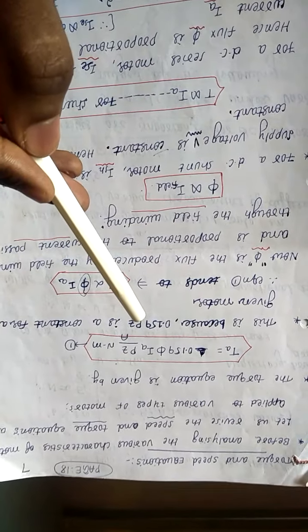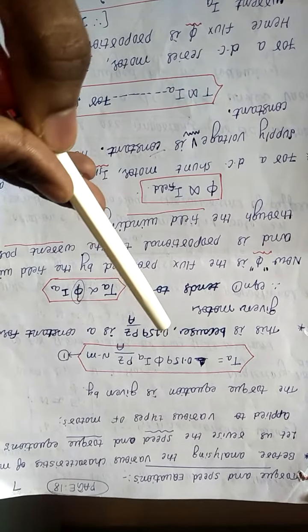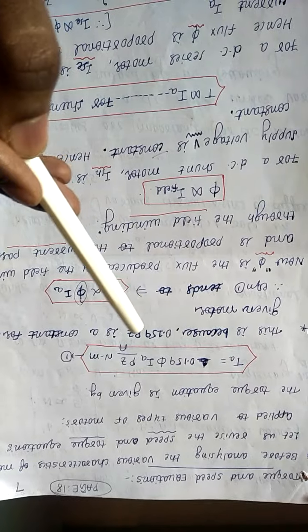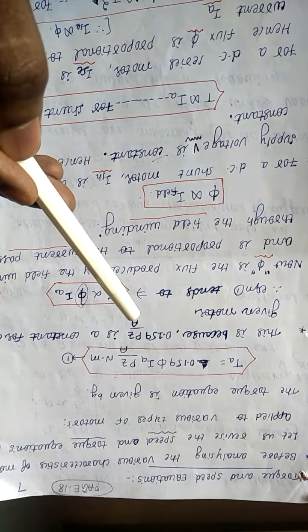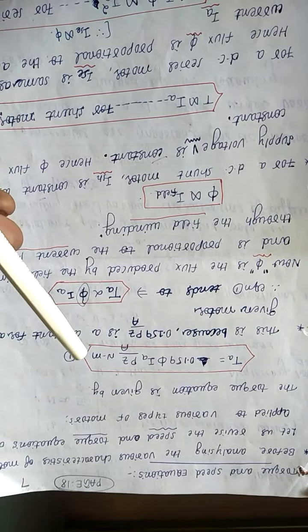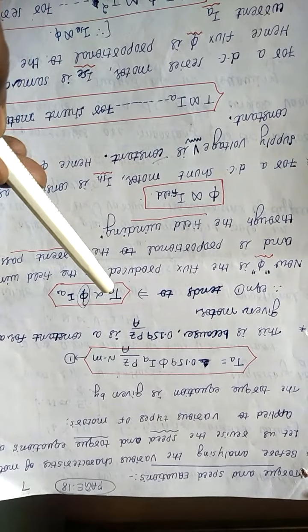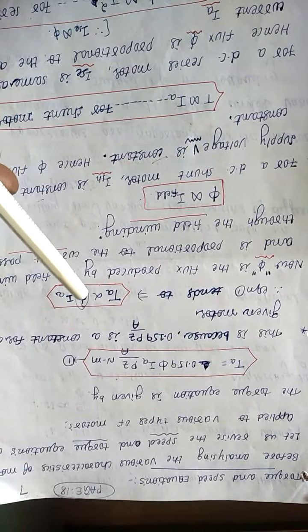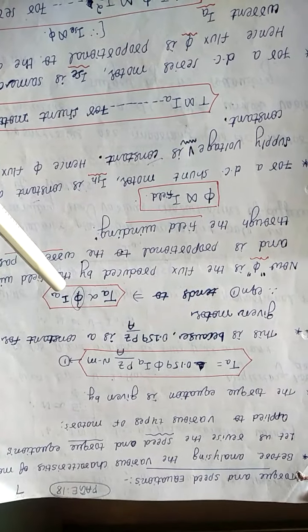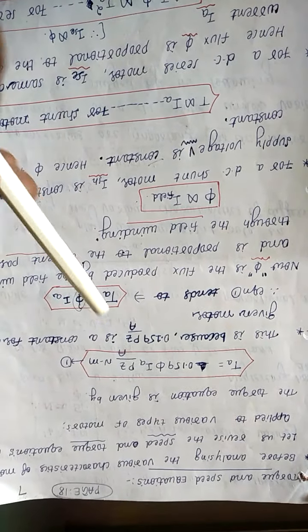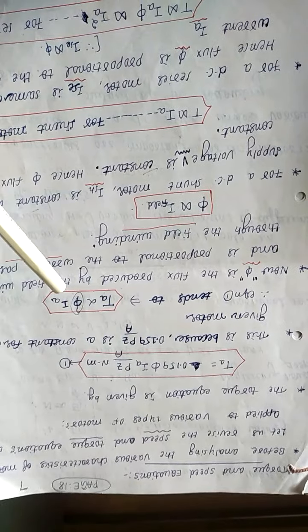In this expression 0.159 PZ/A is constant. Then equation 1 is reduced to TA directly proportional to φ into Ia. So in this expression you have been left with φ into Ia.